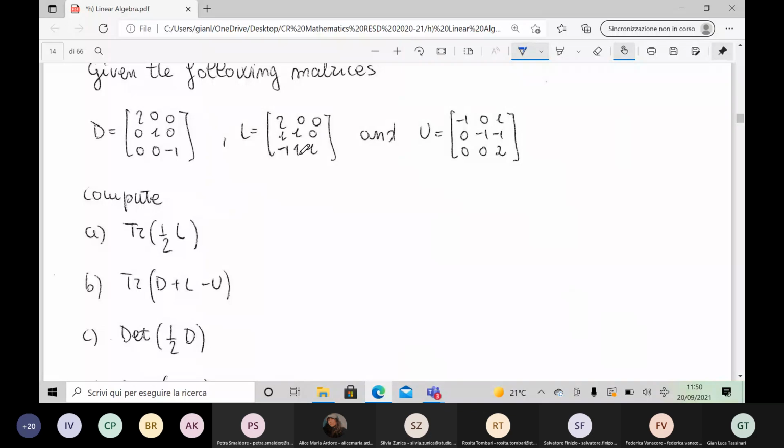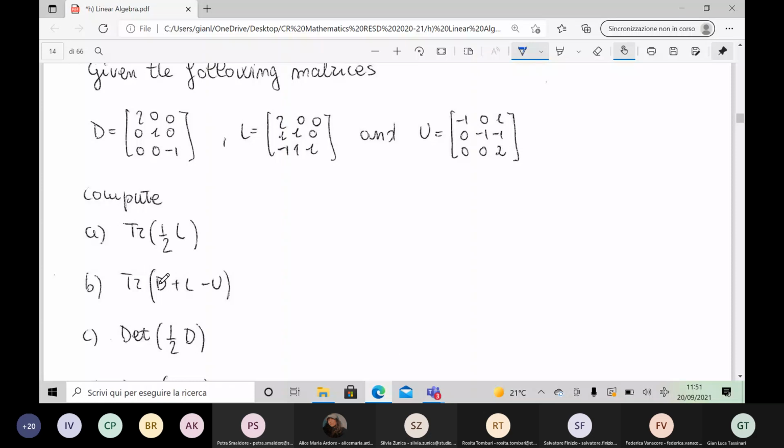So you have 2 plus, which is the trace of L? 4. So we have 2 plus 4, which is 6. Minus the trace of U. Which is the trace of U? 0, because you have -1 plus 2 is 0, so it is 6. This trace is 6.